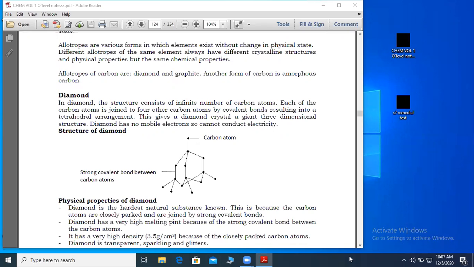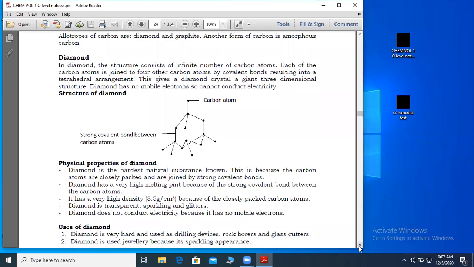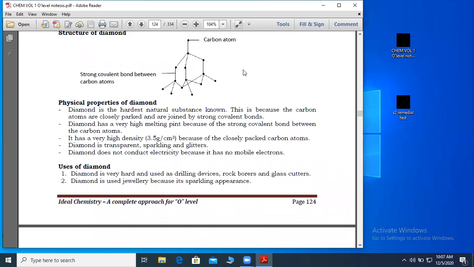However, in graphite, not all electrons participate in bonding. Therefore diamond does not have mobile electrons. That's the reason.